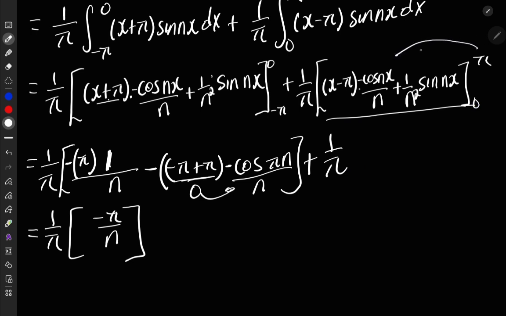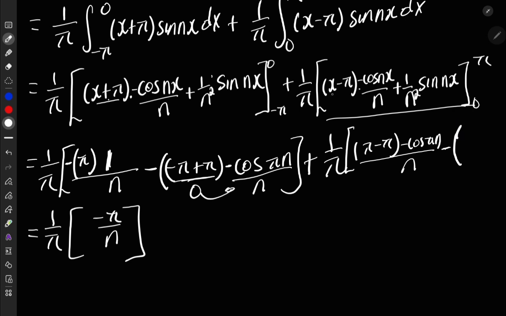When you substitute pi there, it's going to be pi minus pi, which is going to be 0 over n, and then plus, and when you substitute 0, let's say minus, because we are substituting the lower bound.